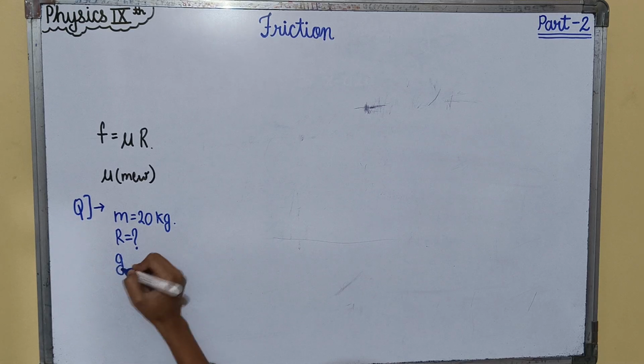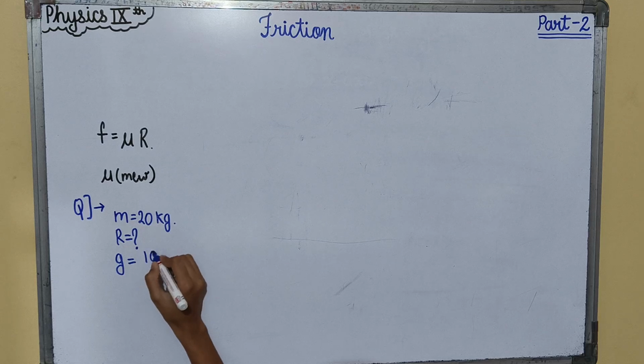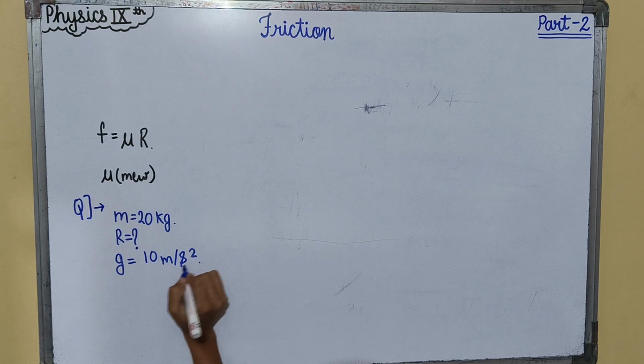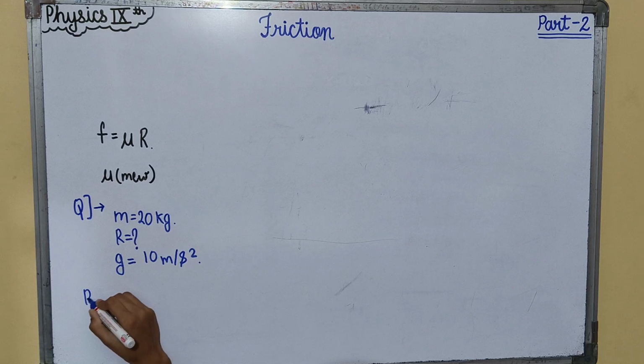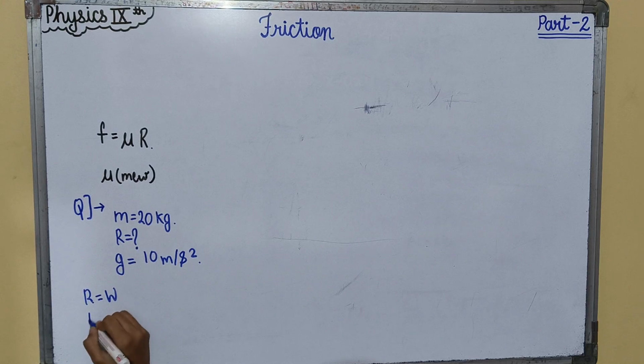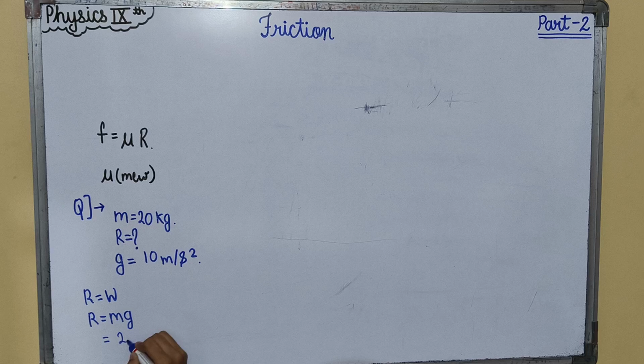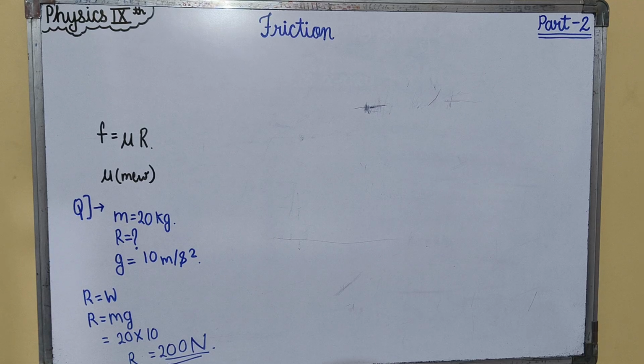And acceleration due to gravity means g is equal to 10 meter per second square. As I said, R can also be written as weight, that is normal reaction is equal to mg. So mass we know 20 and acceleration due to gravity is 10. 20 into 10 is 200 Newton. 200 Newton is the normal reaction. We can write normal reaction as N also.